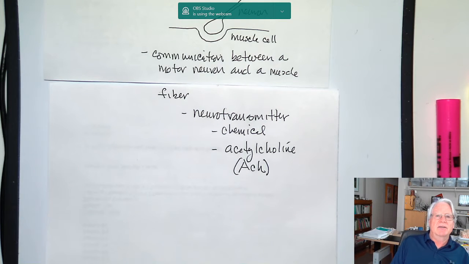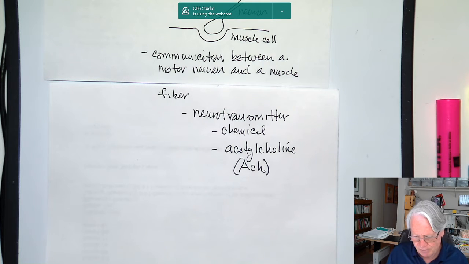So the communication between the neuron and the muscle cell is a chemical called a neurotransmitter, and it is acetylcholine for skeletal muscle cells.